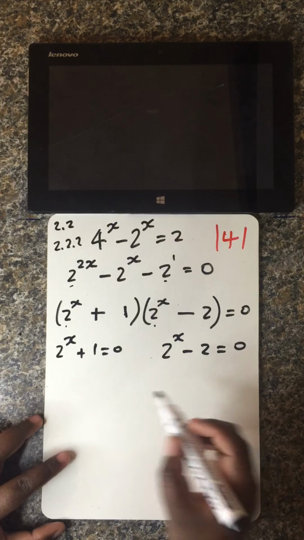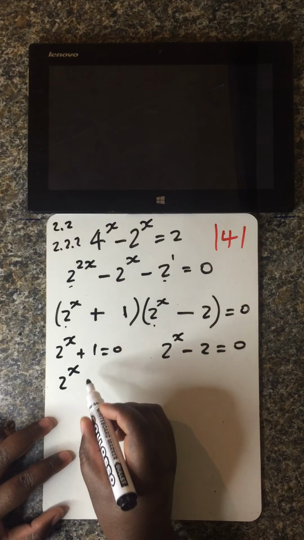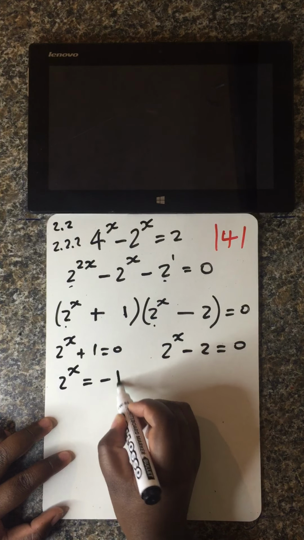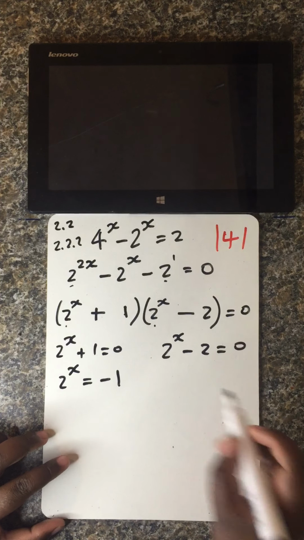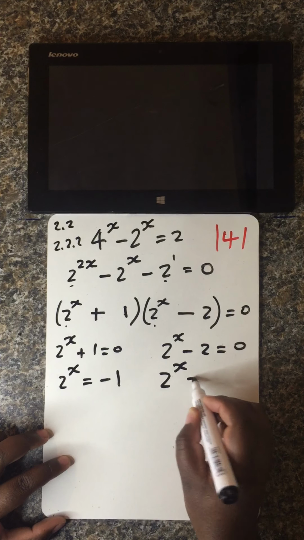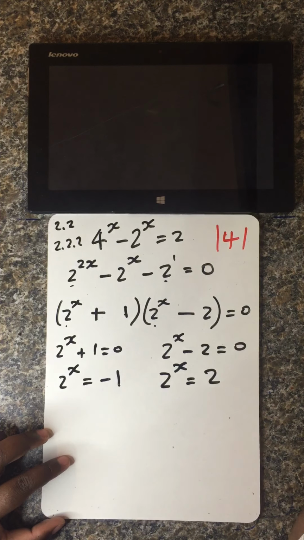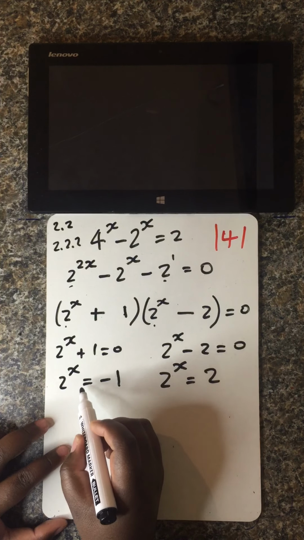So now let's check. Obviously, you've got 2 to the exponent x, you move it to the left, then it changes the sign and it becomes negative 1. Ladies and gentlemen, let's also do the same on this side. We've got 2 to the exponent x, which is equal to positive 2. So guys, can you see?